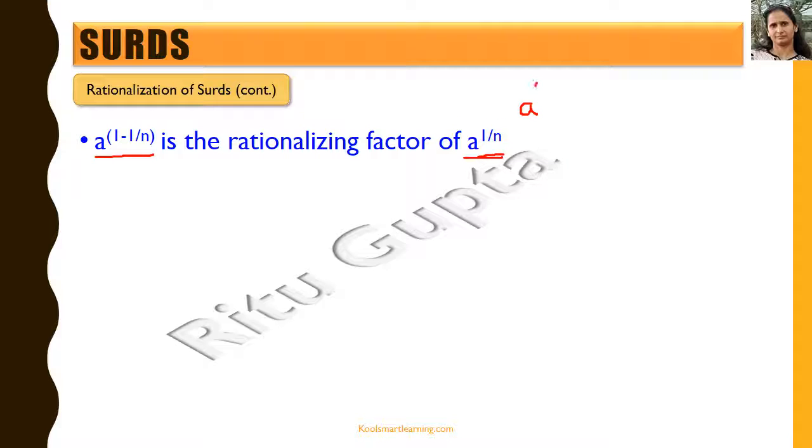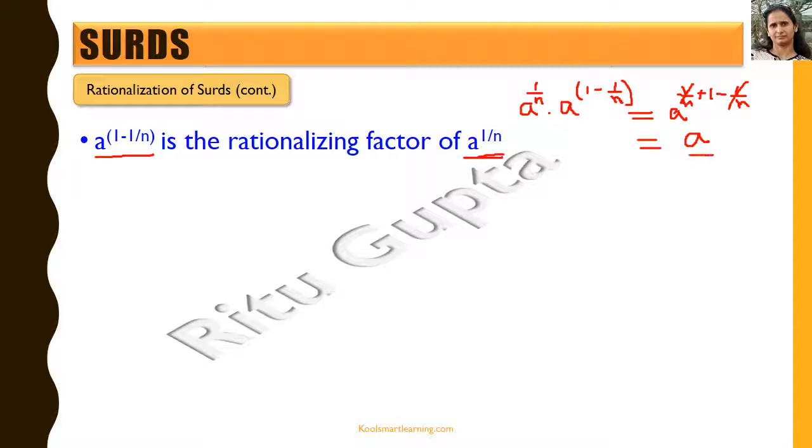So if we have a raised to power 1 by n multiplied with a raised to power 1 minus 1 by n, now using the laws of exponents, if these two are multiplied, their powers will get added. So we get a raised to power 1 by n plus 1 minus 1 by n, and this 1 by n minus 1 by n cancel out each other and we get a as a result.